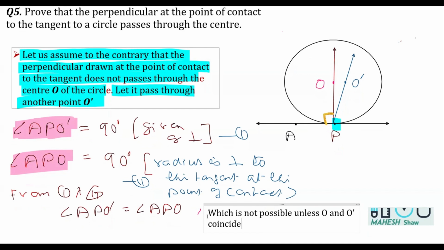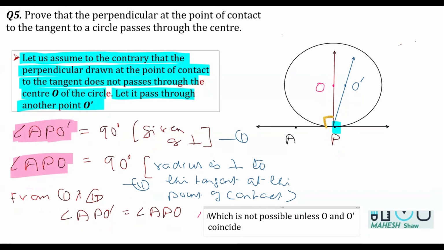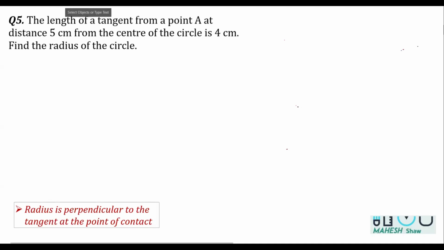So therefore, we'll say that our assumption is wrong, and therefore you can write down the statement that the perpendicular drawn at the point of contact will pass through the center of the circle.